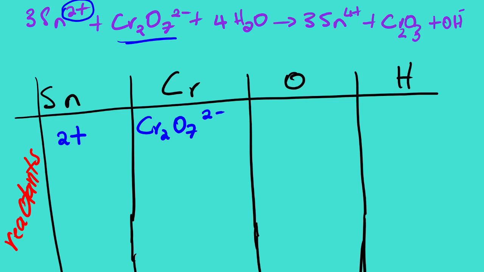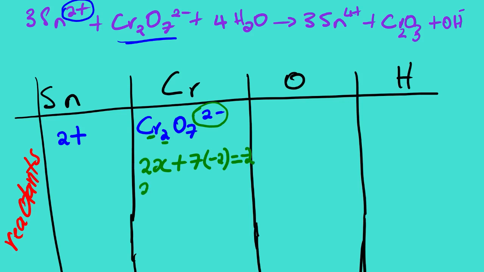Working out this oxidation number, we are going to say we have 2 atoms of Cr. Since we are not sure about the oxidation number of Cr, we are going to use X. Plus we have 7 atoms of oxygen. Through the rules of oxidation numbers, the standard oxidation number of oxygen is 2-, so we are going to put -2, equals to the overall oxidation number of this molecule, which is -2.